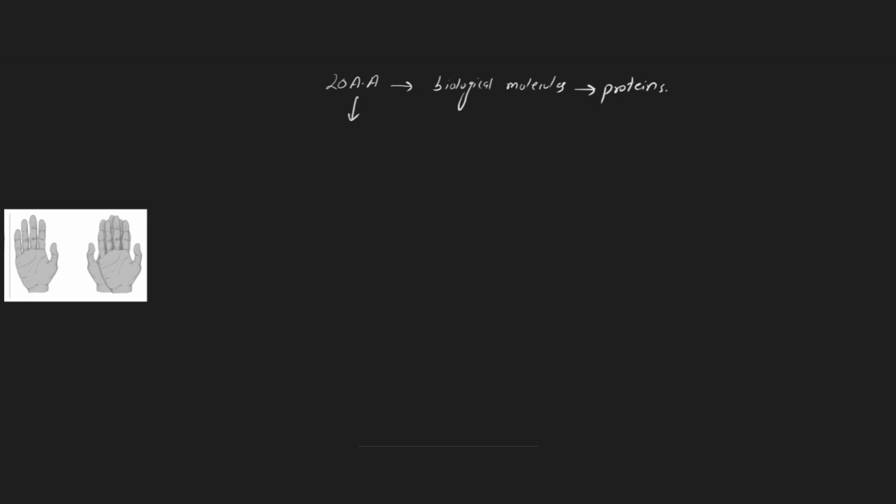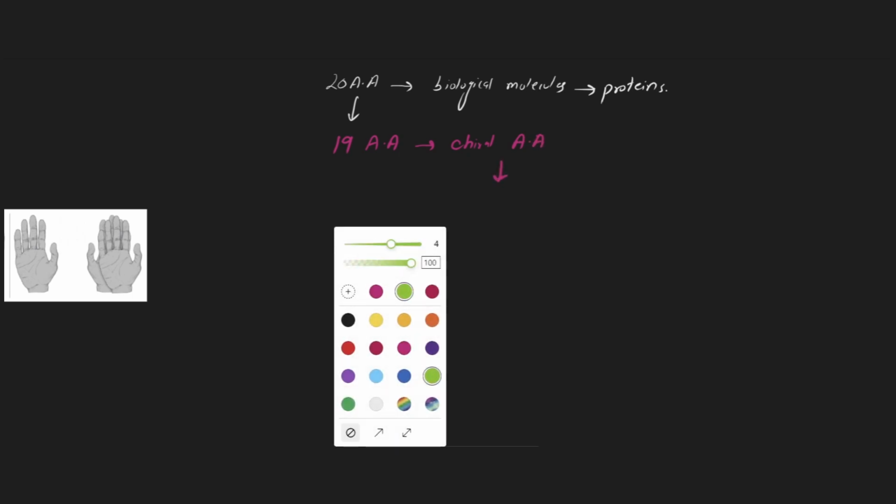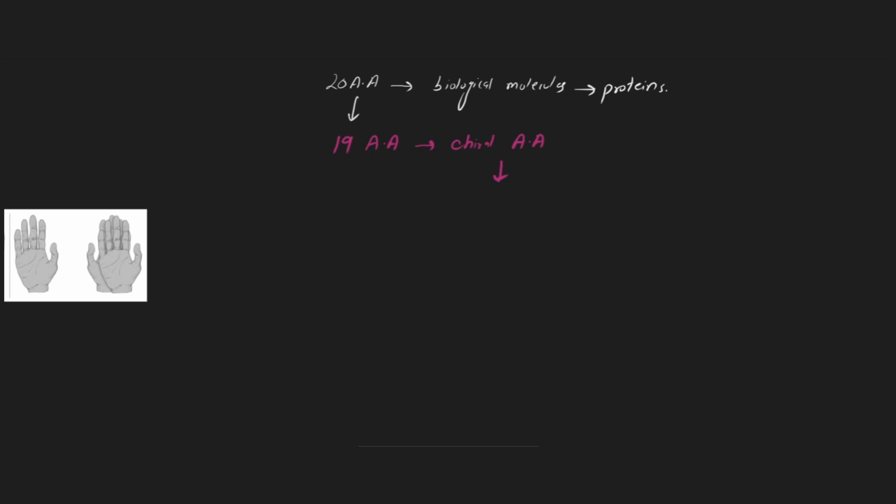And out of these 20 amino acids, 19 are termed chiral amino acids. Why are they called chiral amino acids? There is a reason behind it, because they have a chiral center in their structure.